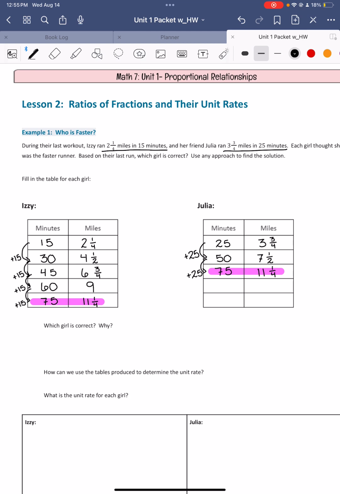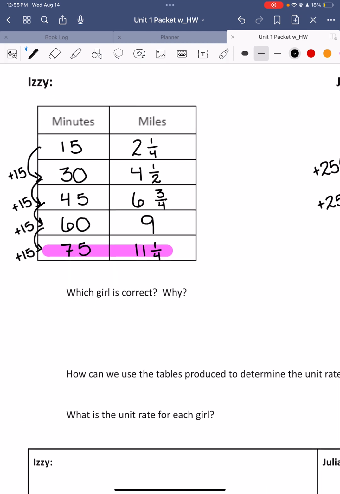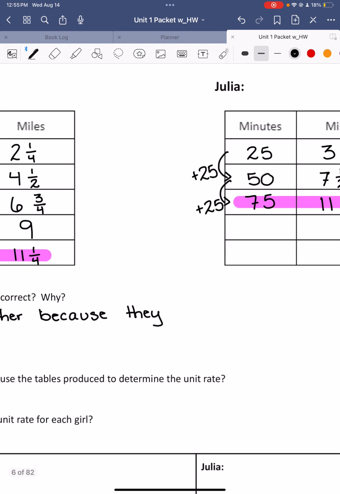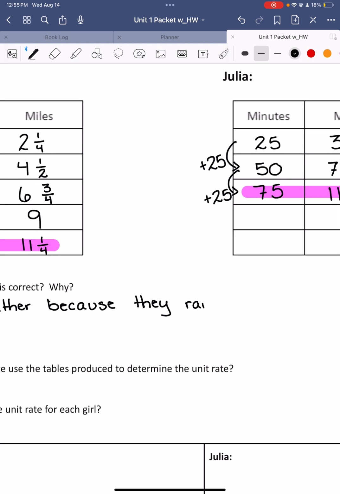So to answer their question, neither of the girls are correct because they ran at the same exact rate.